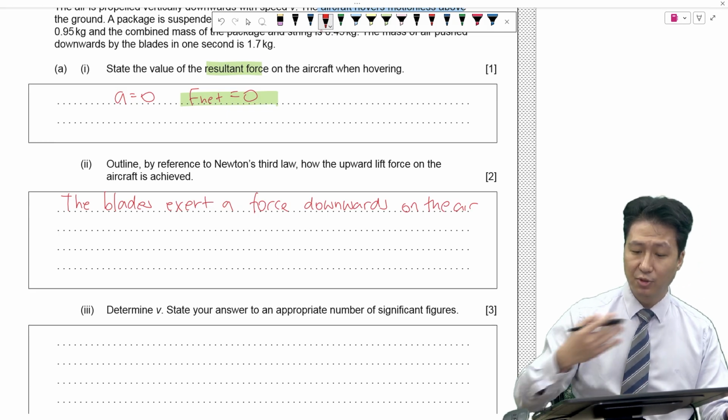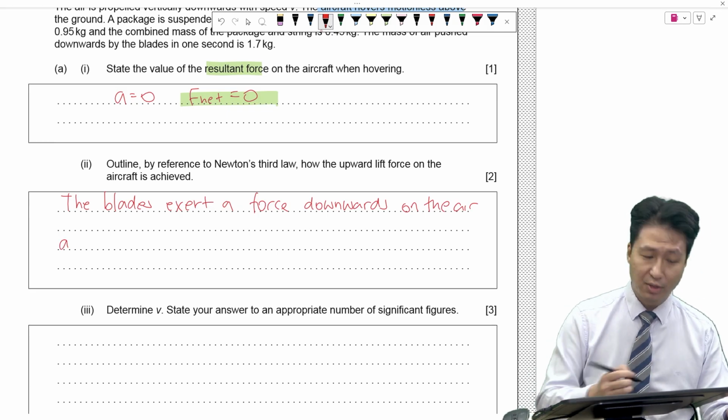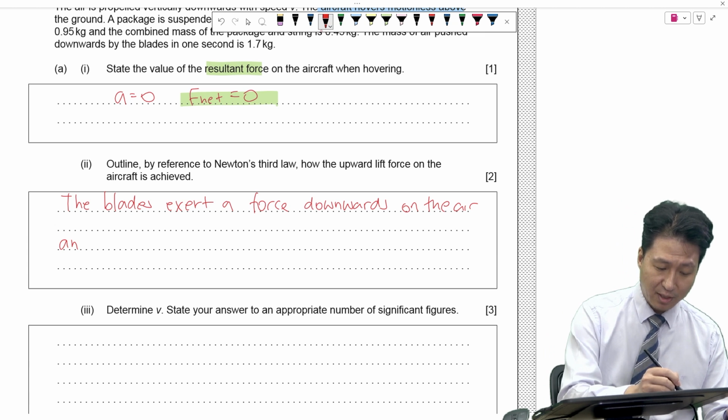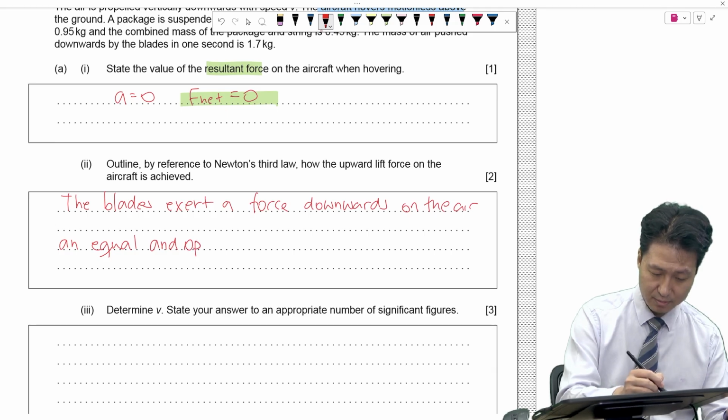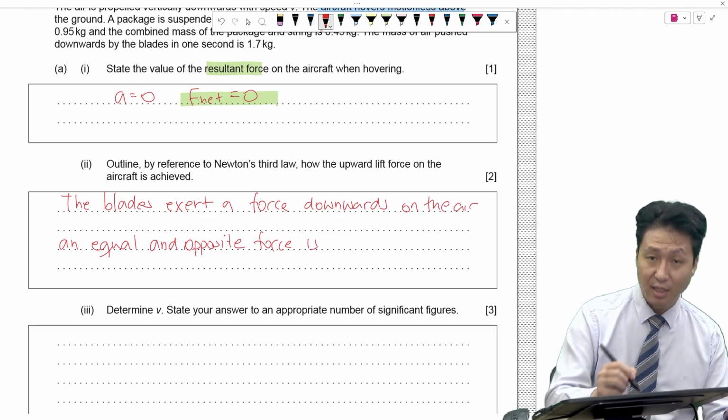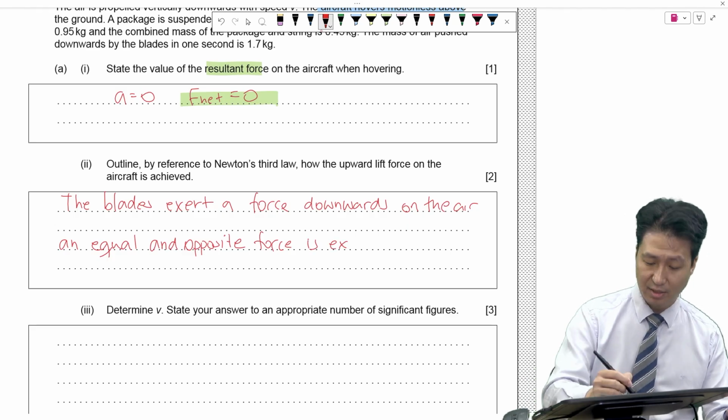Now, we will use Newton's third law, which says, therefore, an equal and opposite force is exerted by the air on the blades.